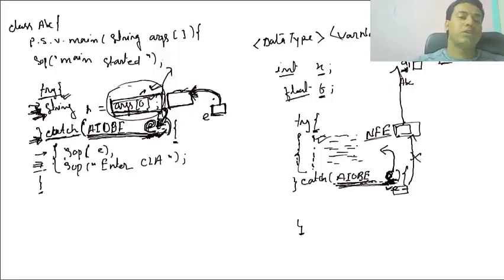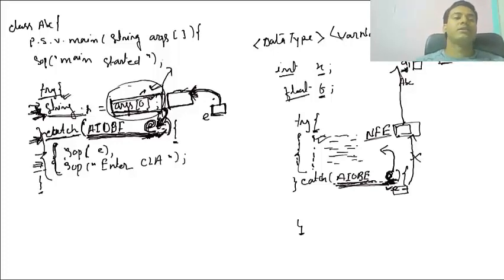So here is one more important point you have to remember very clearly: if the try block is not giving any exception, then the catch block is not going to execute because the control is not going to flow into the catch block, right? And if the try block is giving an exception and that exception object is of the type which you have defined inside the catch block, then control will flow to it, because that e is going to point to that object, and then the catch block is going to execute.